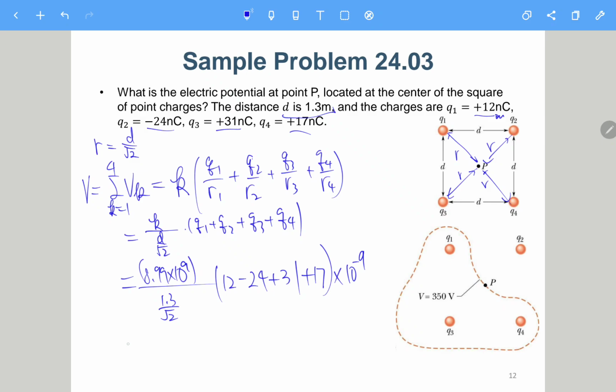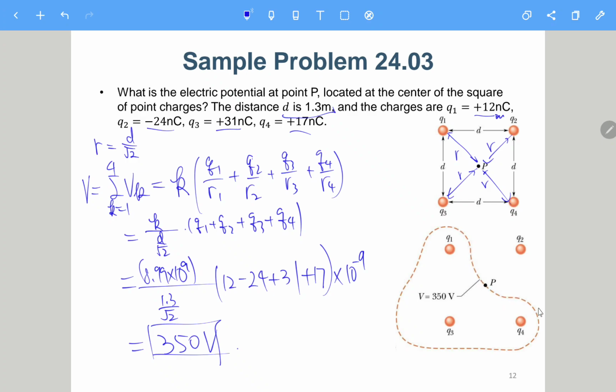This number is 350 volts. So it already tells you the answer, 350 volts. Each side, they draw the equipotential surface there.